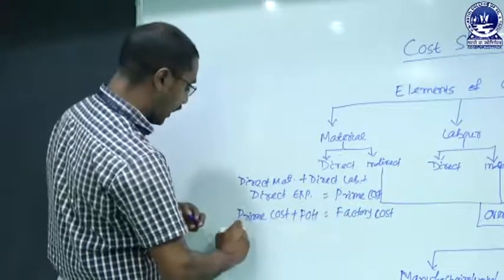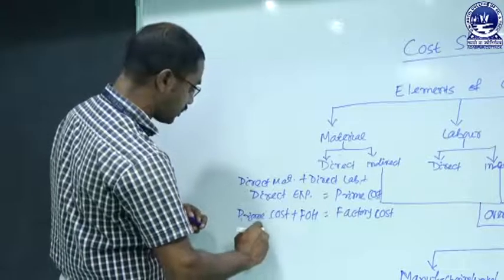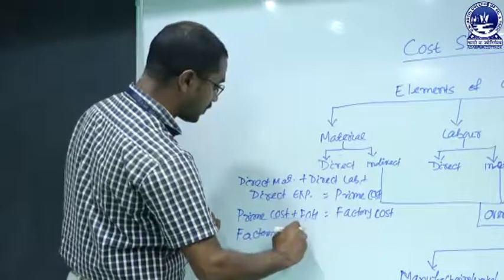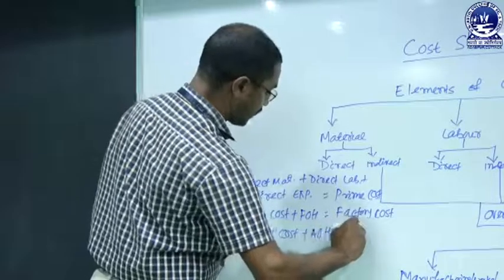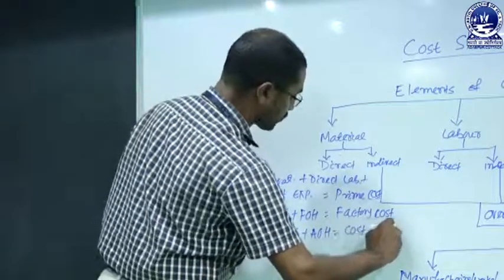And if we add factory cost with office or administrative overhead, we get the cost of production.